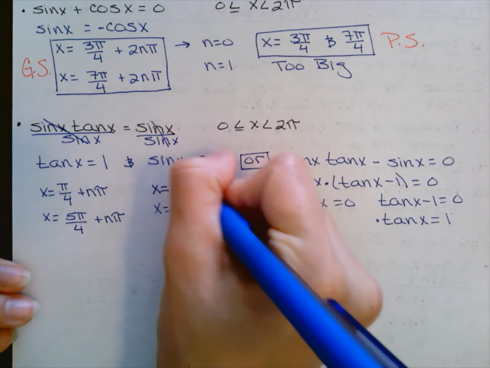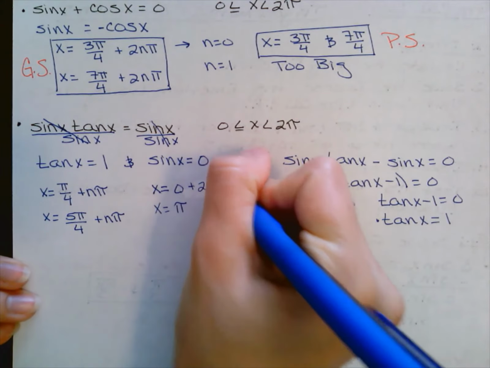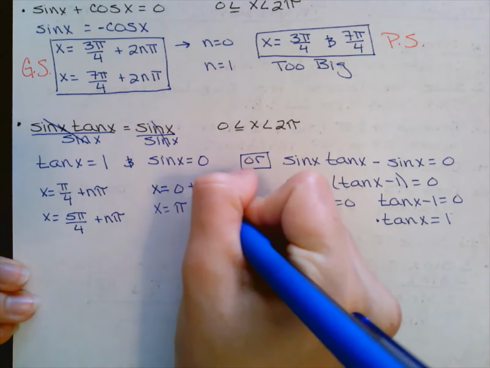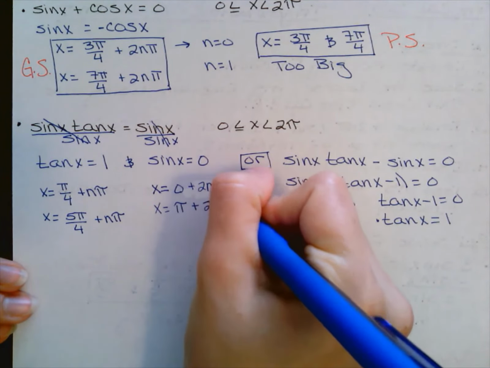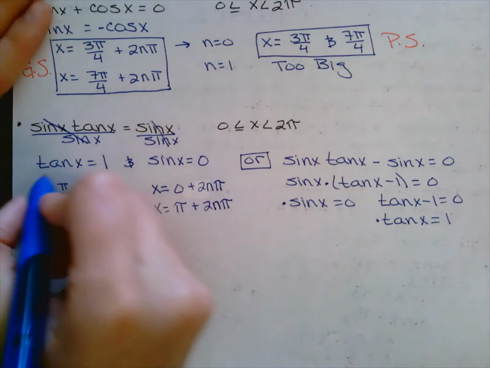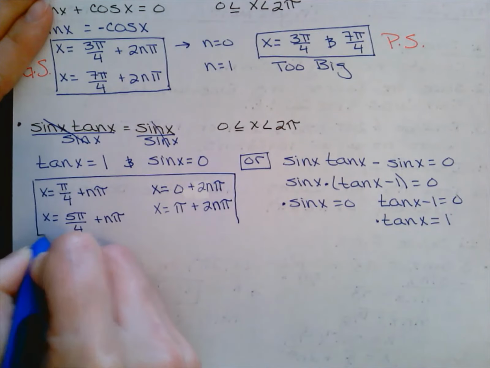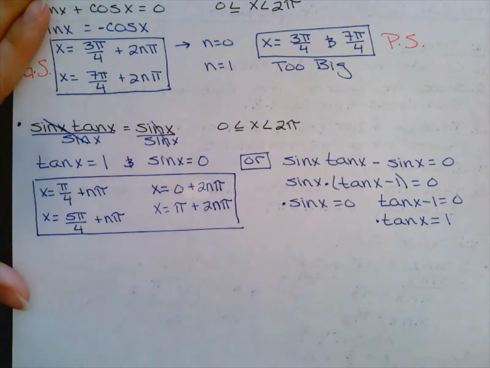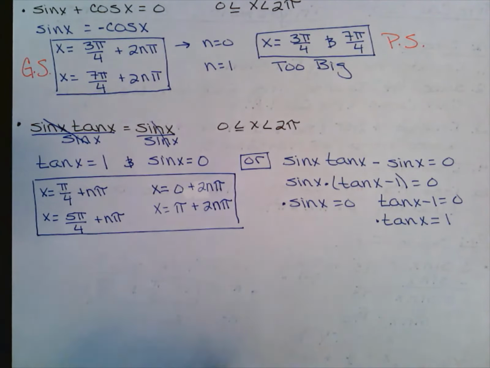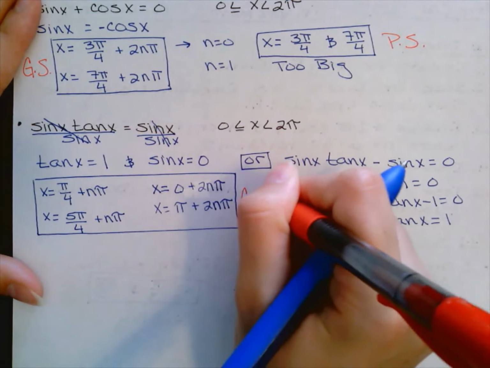And then for sine, we add 2n pi. And this right here, guys, is our general solution. We have 4 of them now because of how those trig functions split up. And that's our general solution.